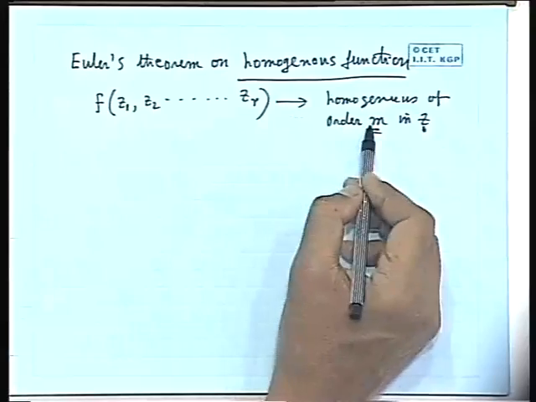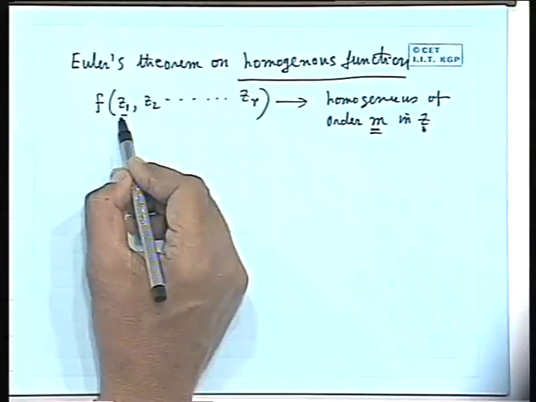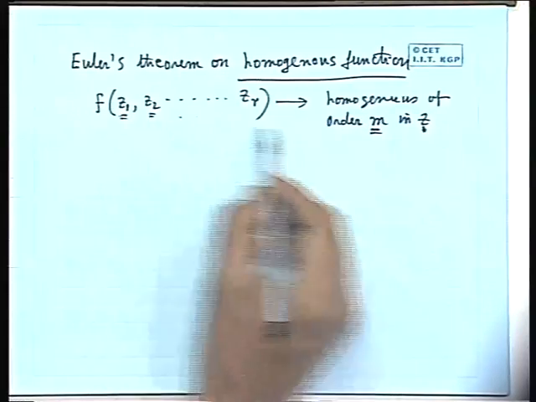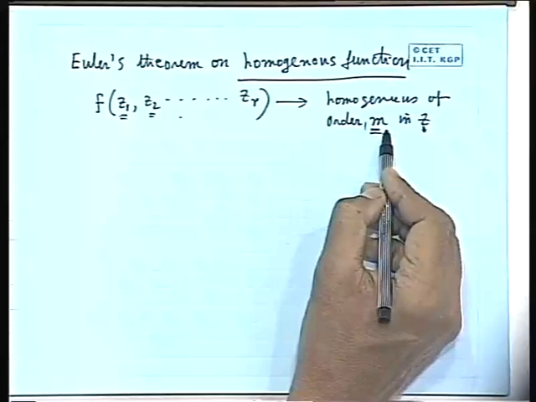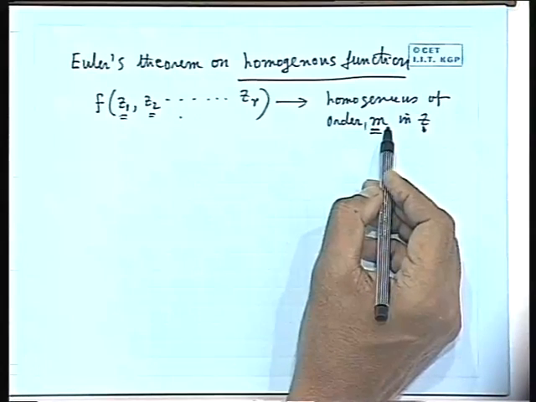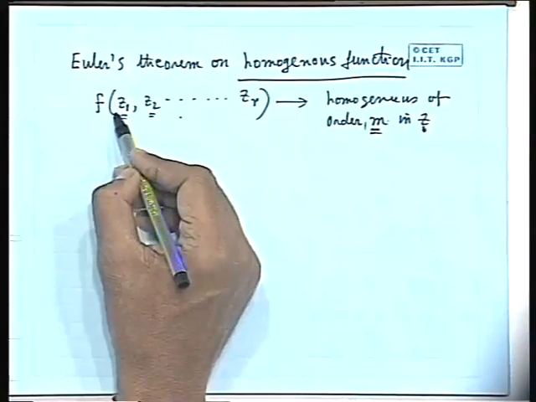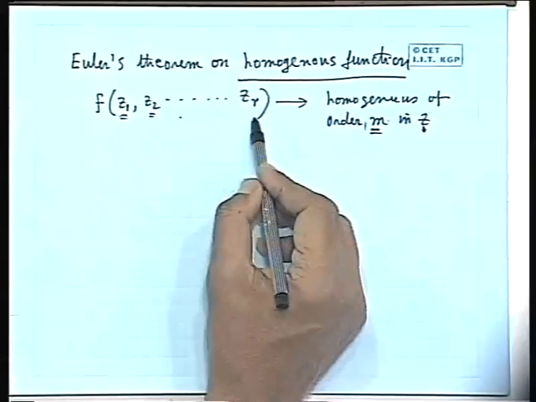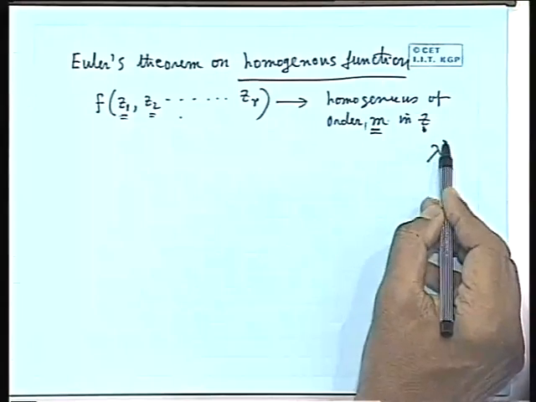Just recapitulate the basic mathematics: if all the z variables, z1, z2 and so on, are multiplied by a multiplier, then the function will be multiplied by the multiplier to the power m.